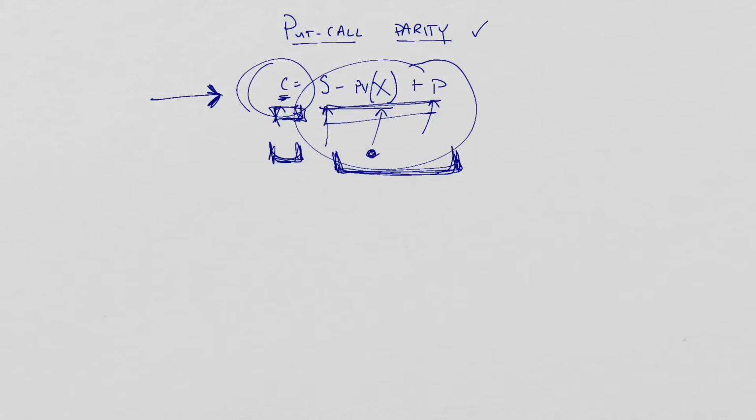But they use this idea, this no arbitrage idea, and solving for these unknowns to come up with this formula for pricing options. And that was the Black-Scholes option pricing model, or the Black-Scholes-Merton option pricing model.